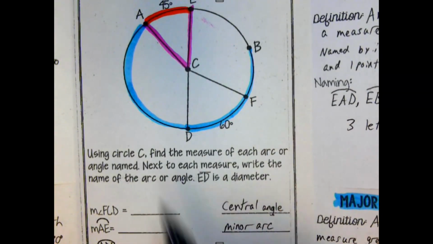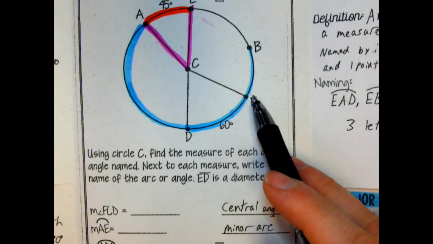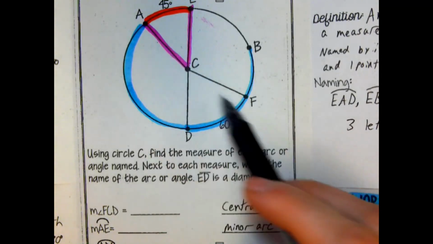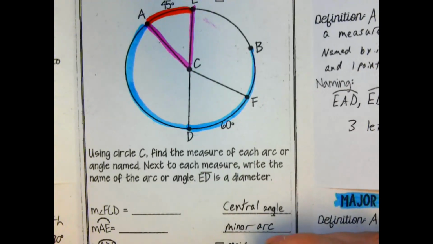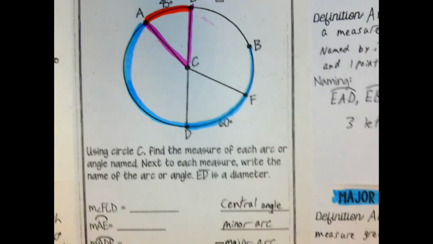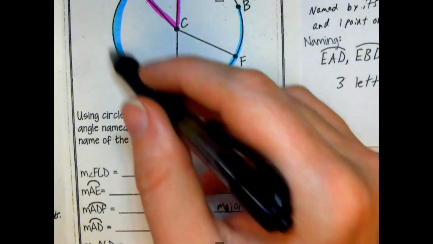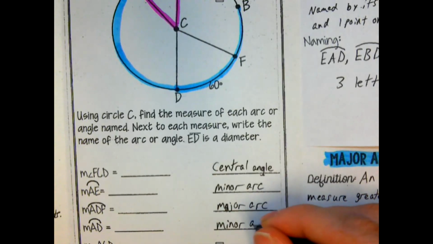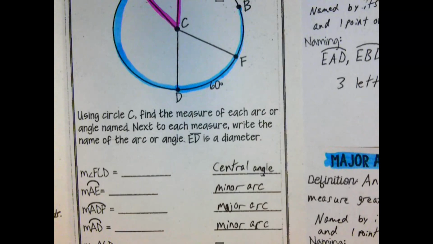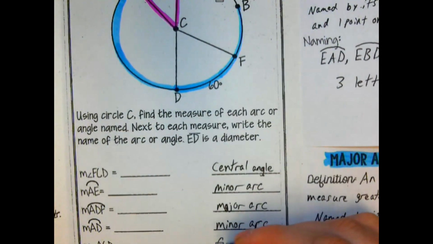ADF, that's a major arc because it's just a little more than half of the circle. AD, minor arc. ACD, central angle.